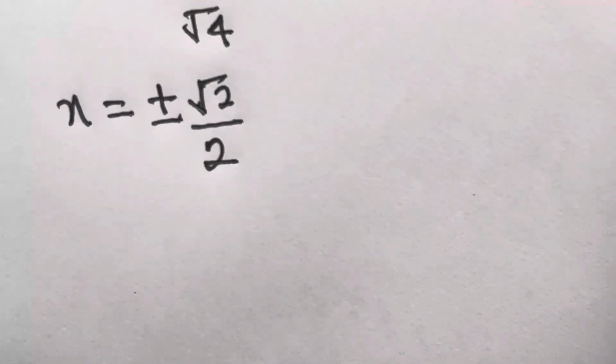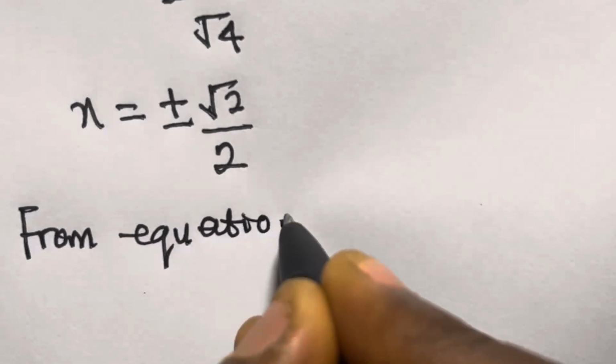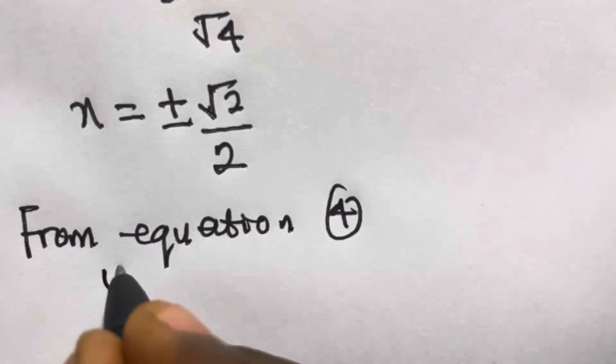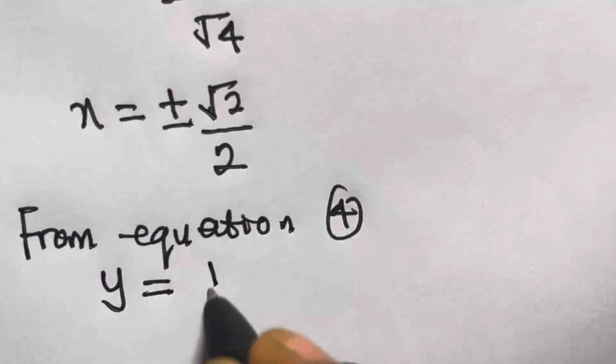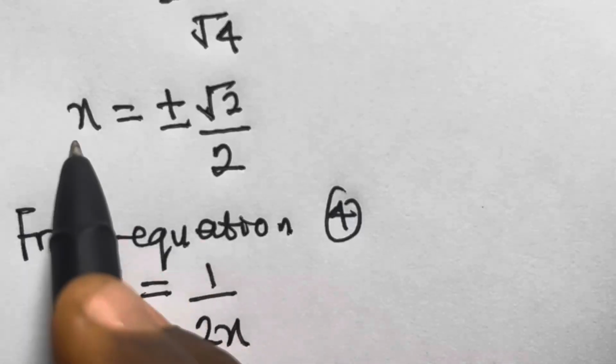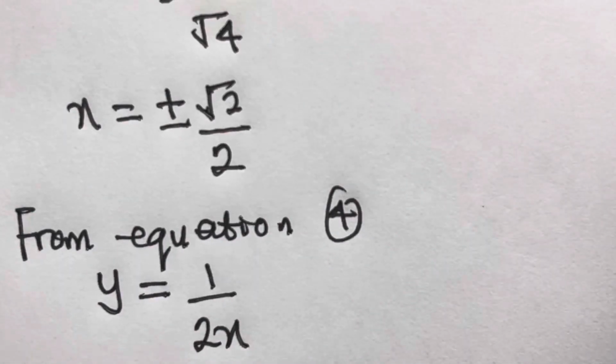From here, we can see from our equation 4. What does equation 4 say? Equation 4 says y equals 1 divided by 2x. Now we have to substitute x equal to plus or minus the square root of 2 divided by 2 in this.